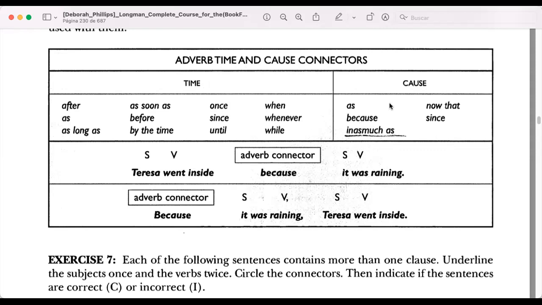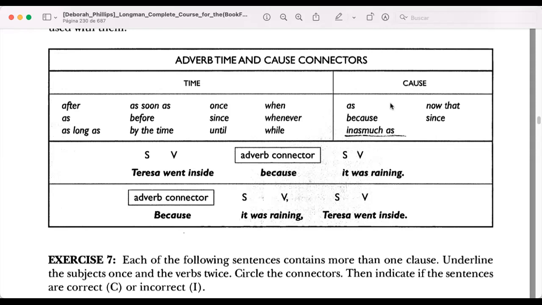And if we are talking about "as you wish", it's a cause connector, because it is not related to time, because the rest of the sentence is telling me that it's not about time. I don't know if I was clear.